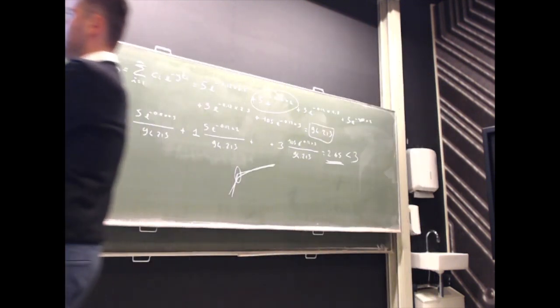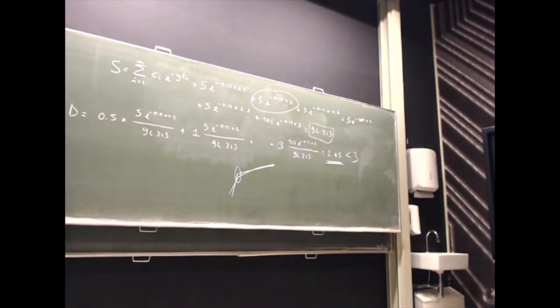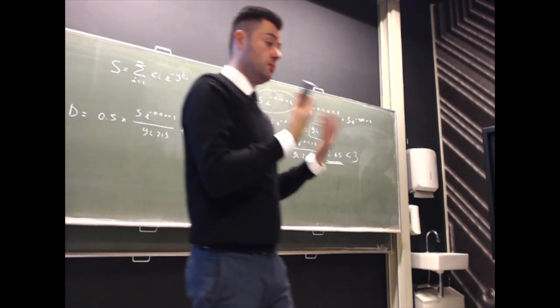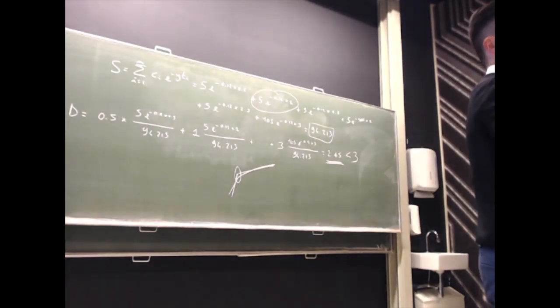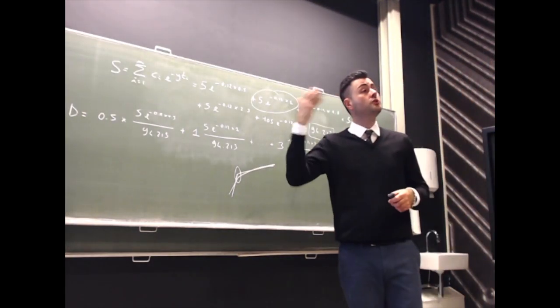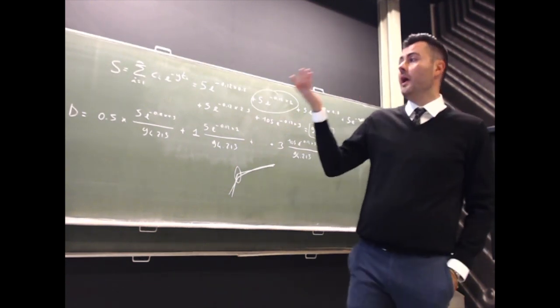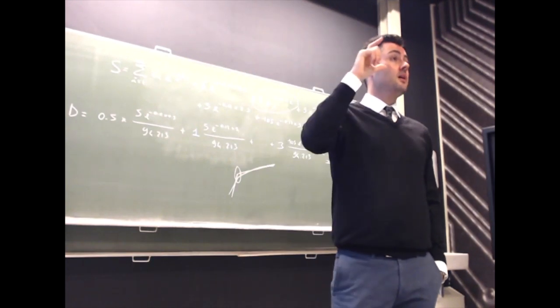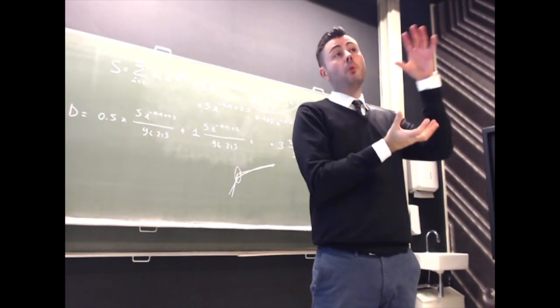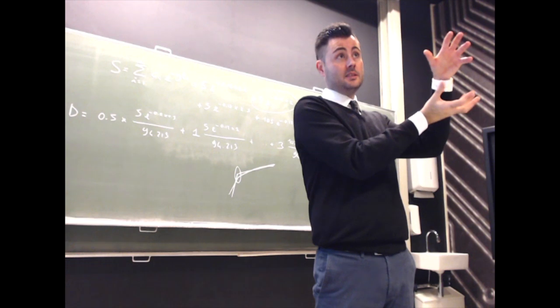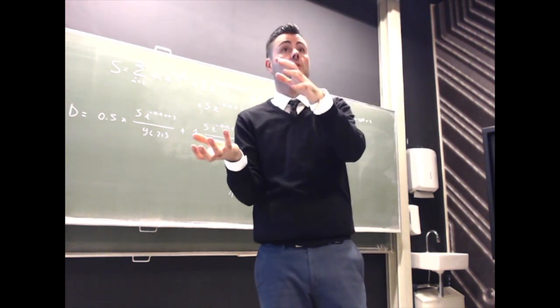But that means that if I take these inside and I rearrange these terms, I can say that the duration of my portfolio is nothing more than the weighted average of the durations of the assets. And what are the weights? The weights are nothing more than the importance of that asset over the total portfolio.